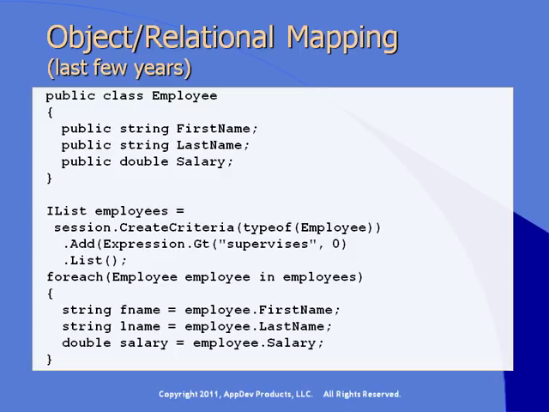Here I have a create criteria method which takes as a parameter the type of structure it needs to fill, in this case an employee instance, and then there's an add method to add an expression to define a where clause, and then a method to list through these things, and then we have a loop which uses properties of the employee class rather than string-based indexes into that employee class. But someone has to create the object relational mapper for this, and you're still using data-oriented constructs, not language features, to interact with that data.